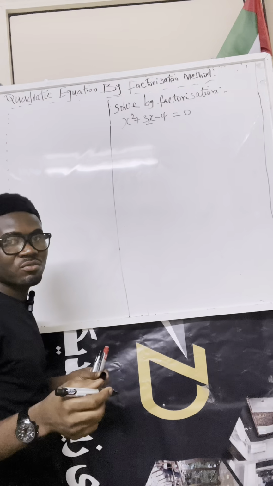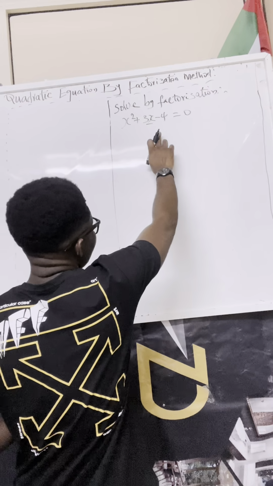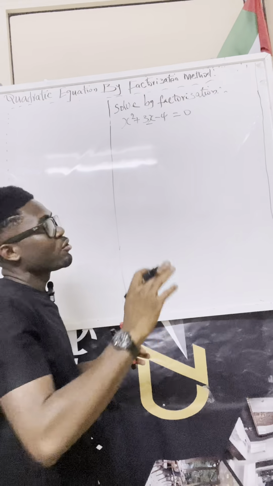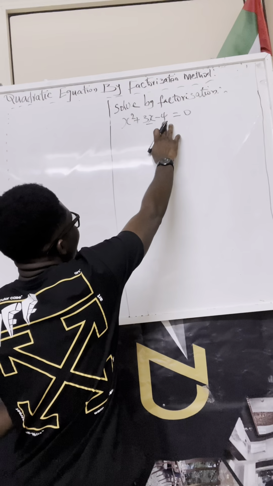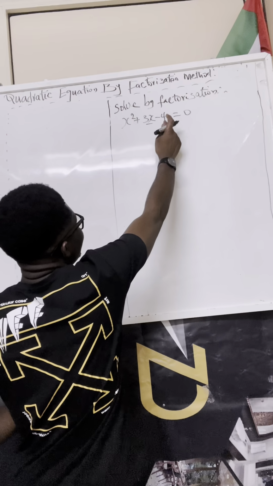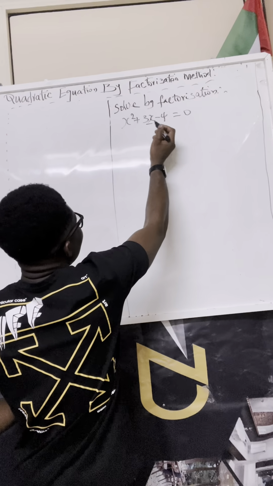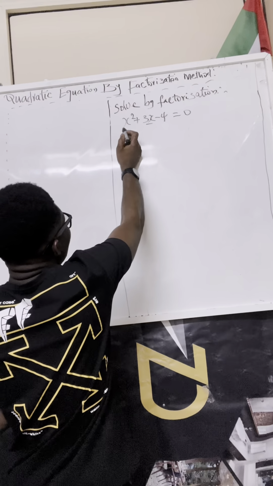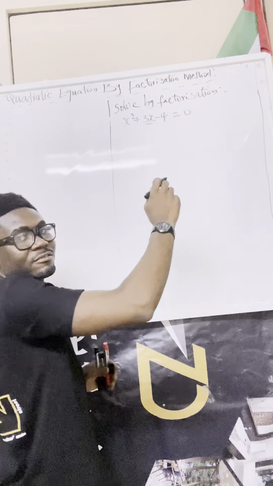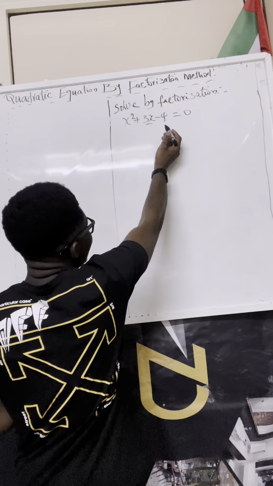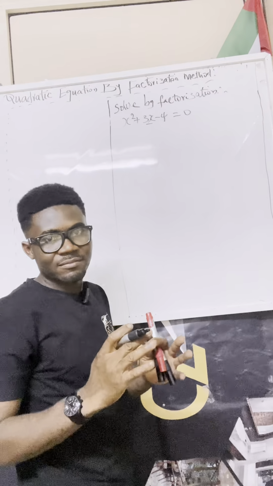The next thing you need to do is consider the constant, the one that has no variable, which is minus 4. You consider this. And when you consider this constant, we also consider the coefficient of x squared, because the coefficient of x squared and the constant have to go together.